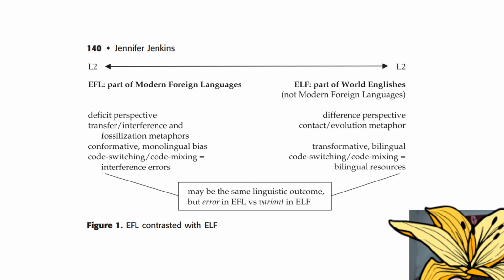But if I use the same expression in ELF, it doesn't matter. Why? Because I'm using my language as a support to speak English. So those are some differences between these two terms. What seems wrong in EFL is helpful or correct in ELF.